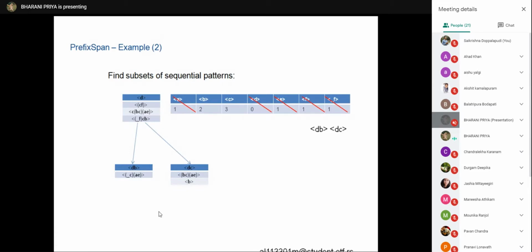But I'm proceeding further. So DB and DC are prefixes. So DB and underscore C and A. And what else? DC, so I am getting DC, BC, and AE. Okay, right? And the remaining item B.